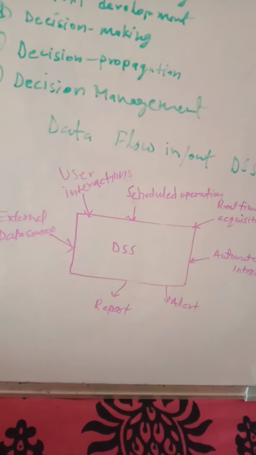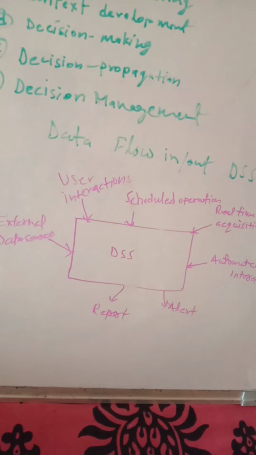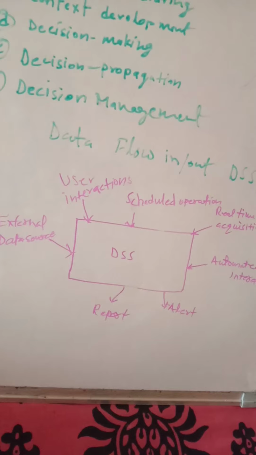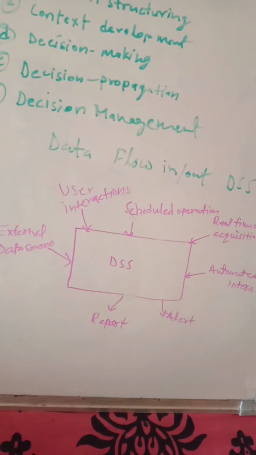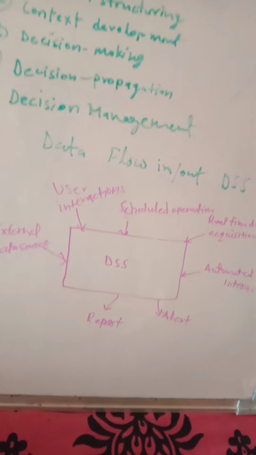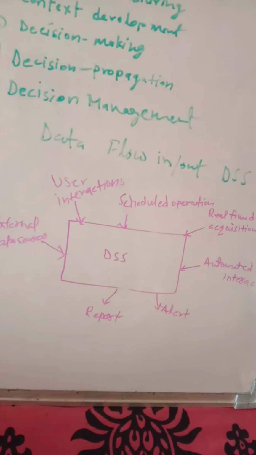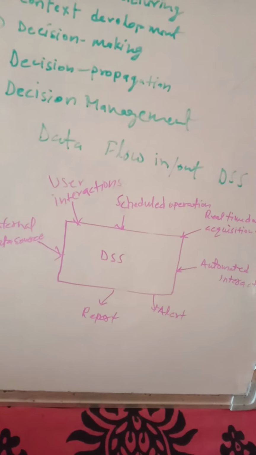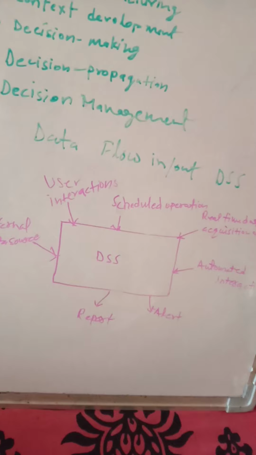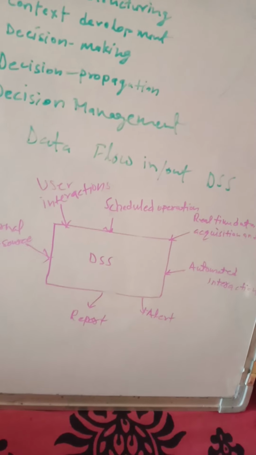Second is query tools, software that allows the user to ask questions about patterns or details in the data. Third is data mining tools, software that automatically searches for significant patterns or correlations in the data.